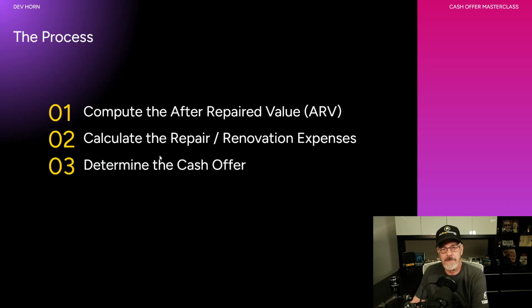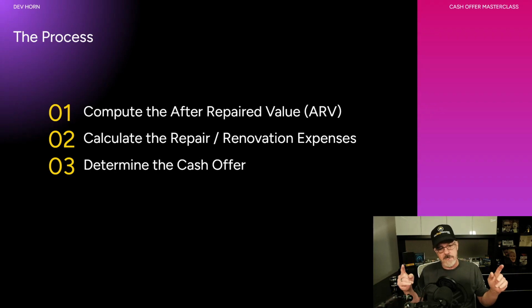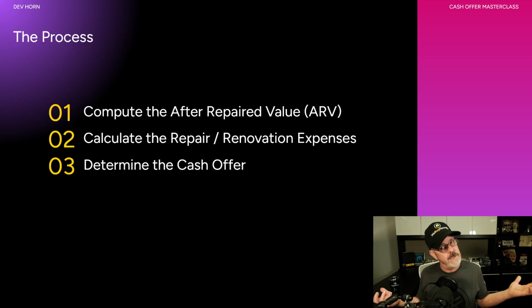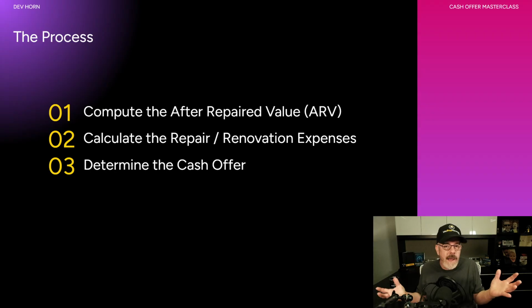All right, so we're going to jump into how we do the cash offer calculation. First, the process. There's really 3 steps to the process. Very important, and you see them when I go through my cash offer calculator. First, compute the after repaired value. After repaired is what it says. In other words, we've done all the repairs, we've done all the renovations, and what would the house be worth if we've done all that?